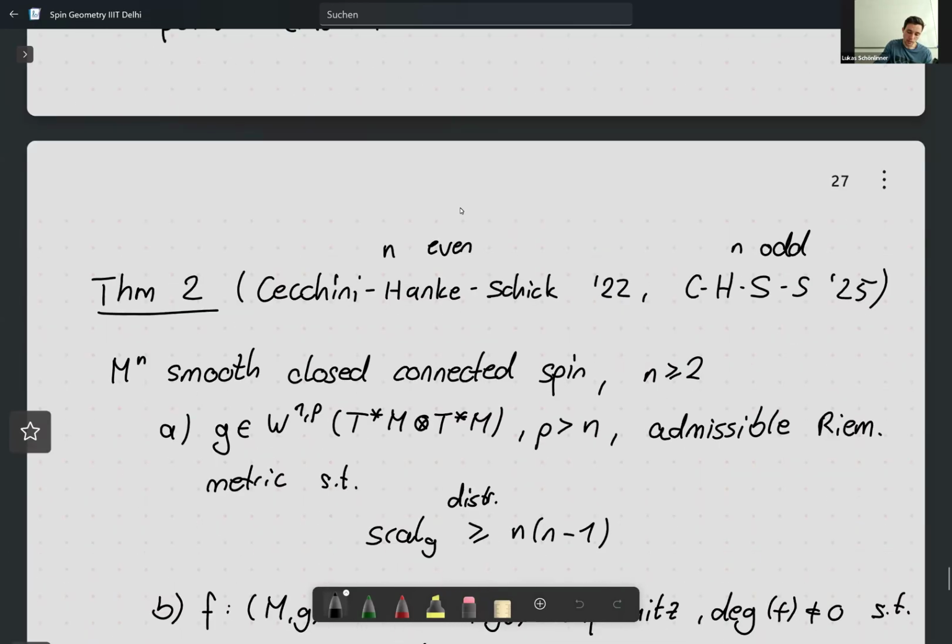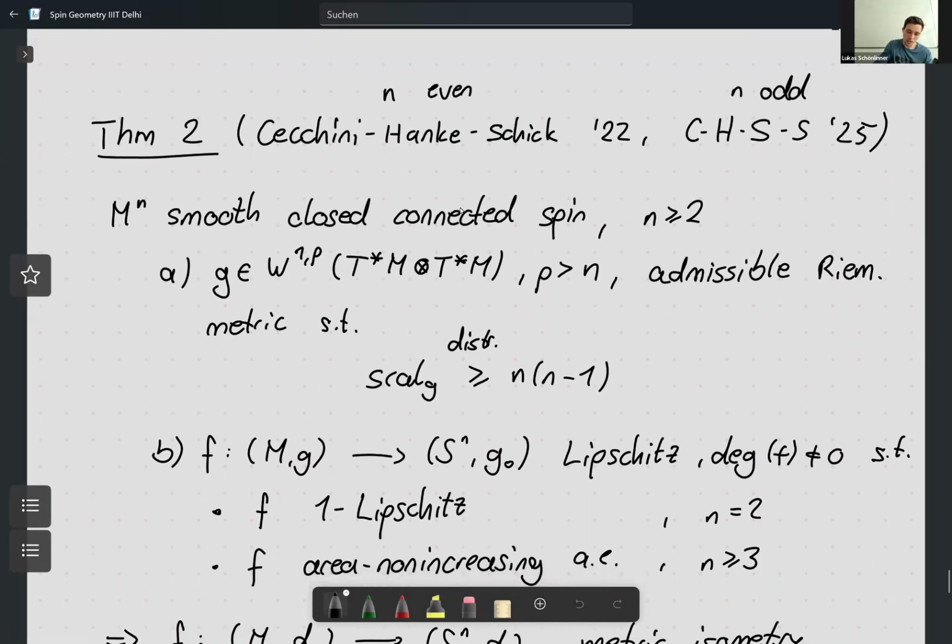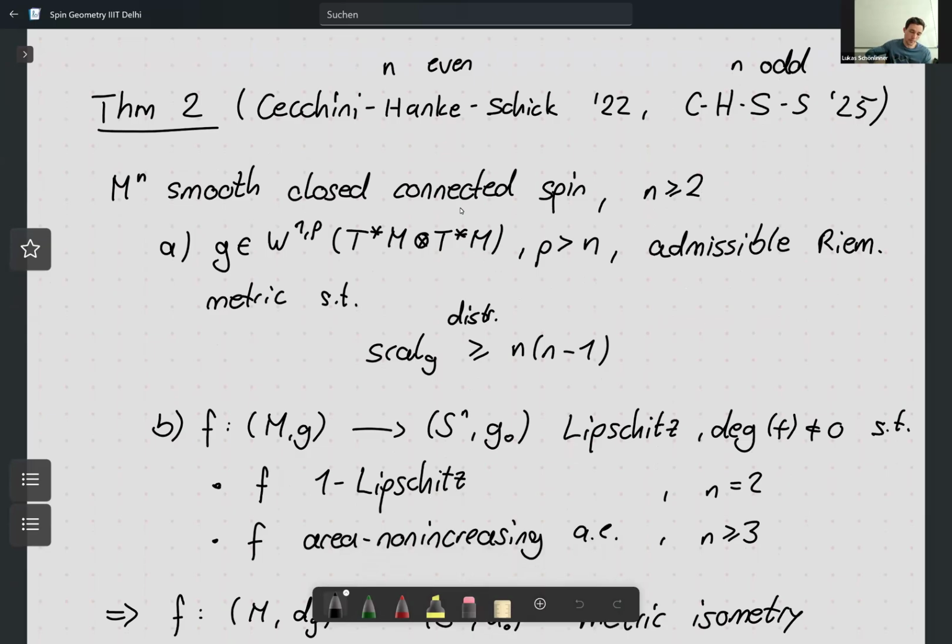And so the other generalization that I showed you last time is also of this kind. The even dimensional case is due to Cecchini, Hanke, and Schick. And for the odd dimensional case, we uploaded a paper earlier this year, where the same authors and myself worked on it.